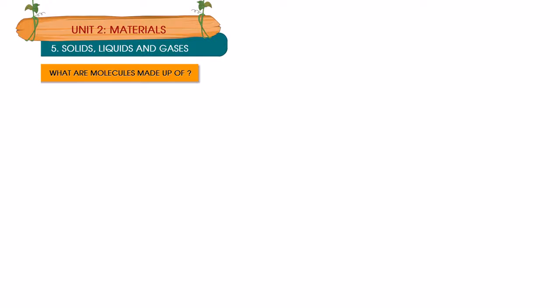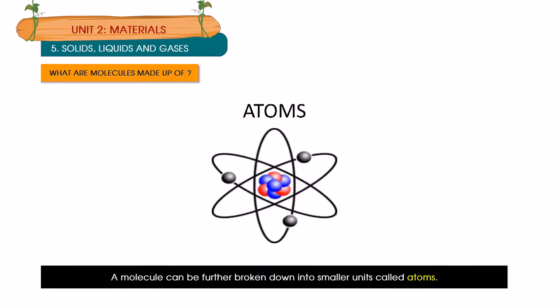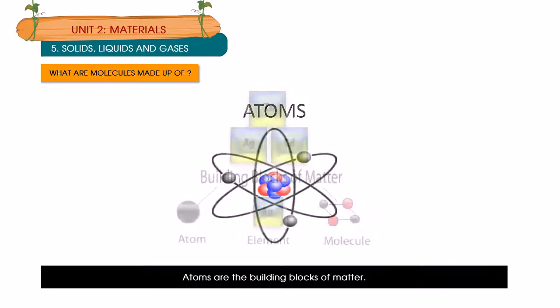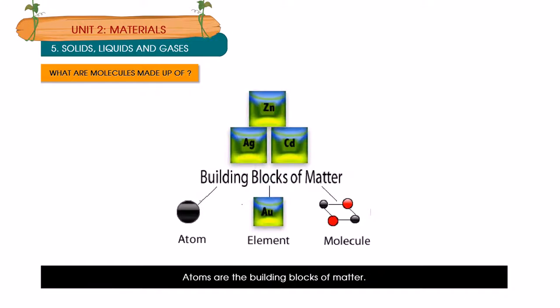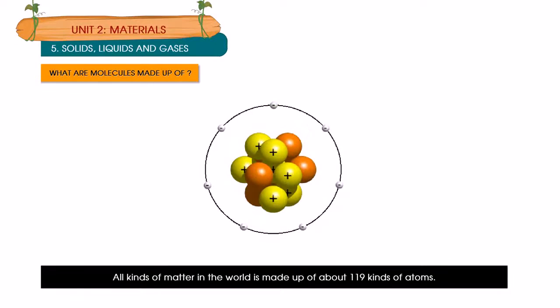What are molecules made up of? A molecule can be further broken down into smaller units called atoms. Atoms are the building blocks of matter. All kinds of matter in the world is made up of about 119 kinds of atoms.